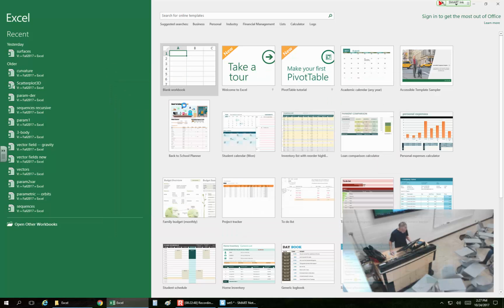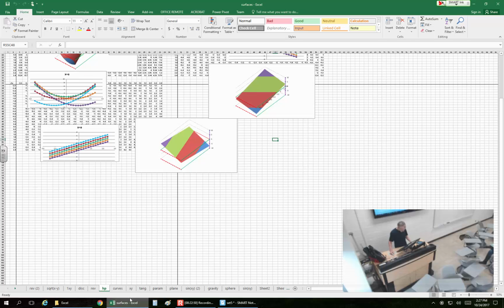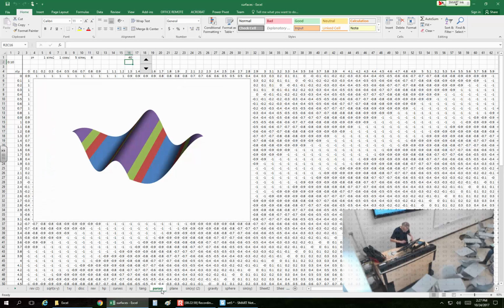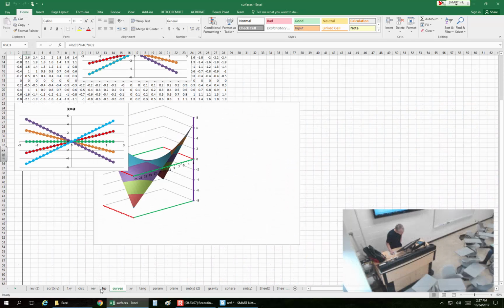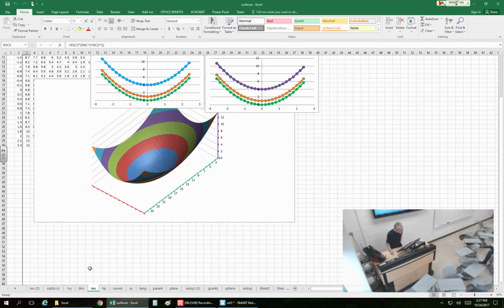So surfaces. There's a paraboloid here somewhere. Here it is.